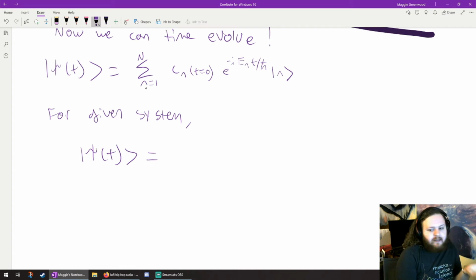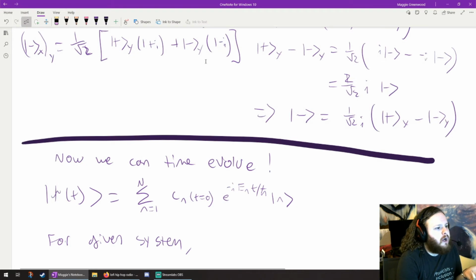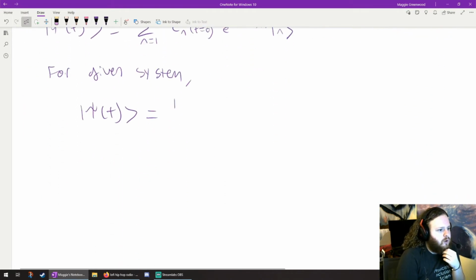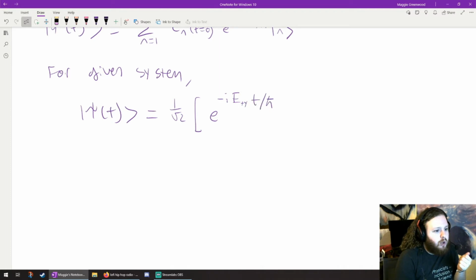So for our given system, we're going to see that we have a plus y and a minus y. So I have a global 1 over root 2. And then on the plus y stuff, I'm going to get e to the minus i E_plus y t over h bar times the coefficient, 1 plus I, actually it was for the plus, times plus in the y direction.